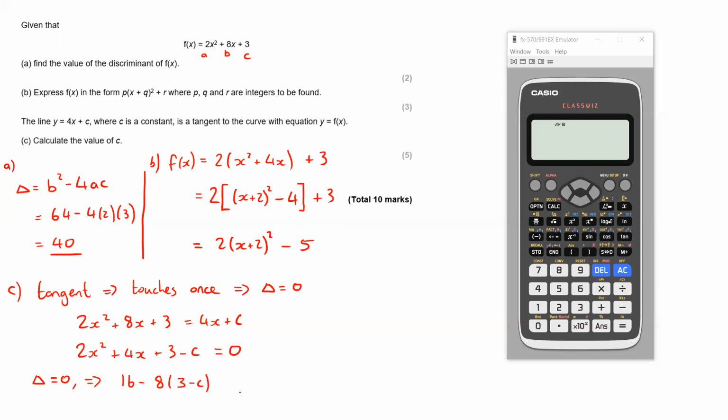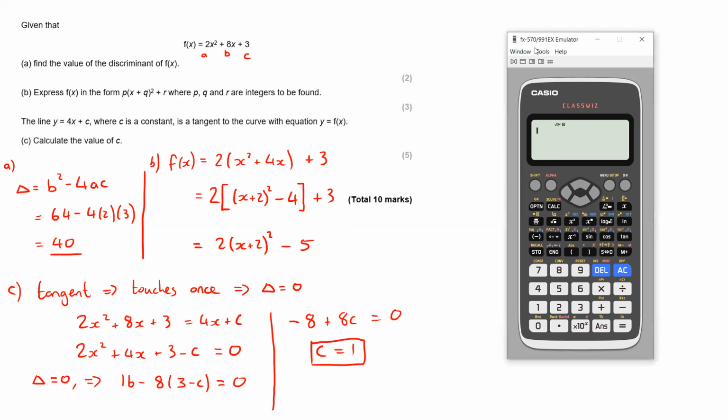So that's really important, and that's going to be equal to 0. So from this, I just want to find out what c is. I've got 16 minus 24, which is minus 8, and then minus 8 times minus c is a plus 8c, which equals 0. So here I can see, I take this across, that c is going to be 1. And that's what we're asked to find.